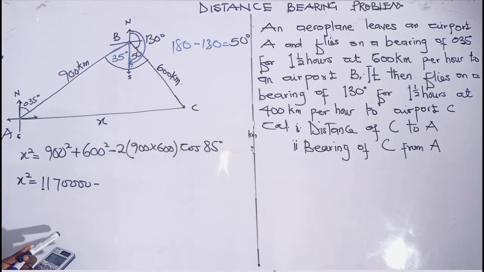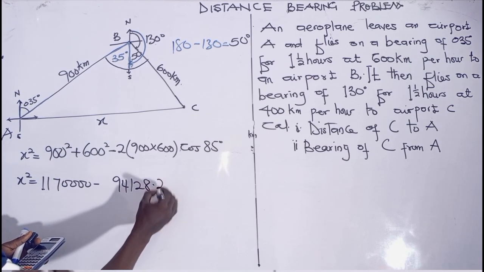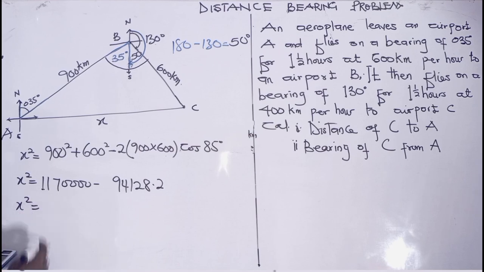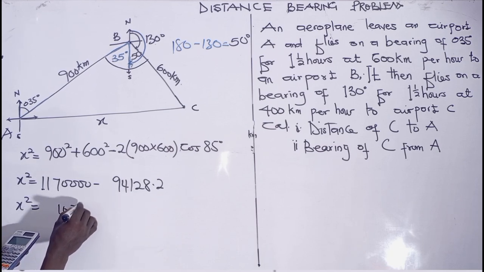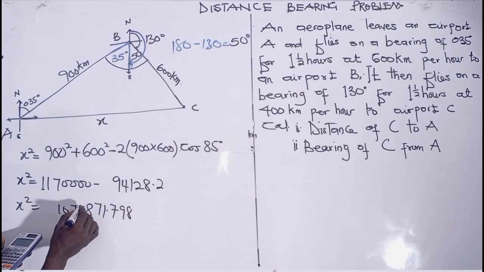So let's punch this 2 on the calculator. We have 2 times 900 times 600 times cos of the angle 85, that is giving us 94128.2. So we have x squared is equal to 1,170,000 minus 94,128.2, which gives 1,075,871.798.